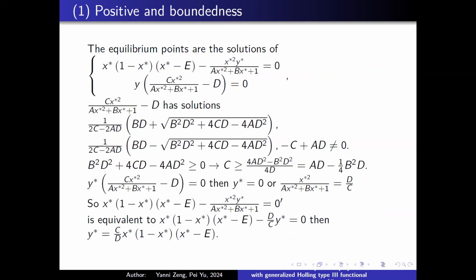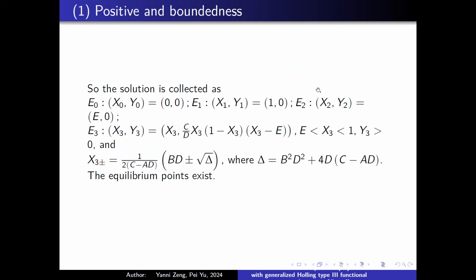Just put them equal to 0. Luckily, we can summarize the solution like this. The first solution is 0, 0. E0 here is 0, 0. E1 is 1, 0. This equation they usually call the saddle points.